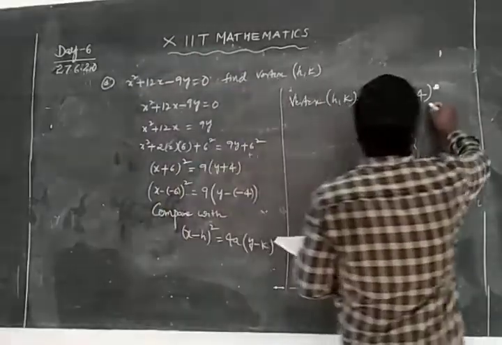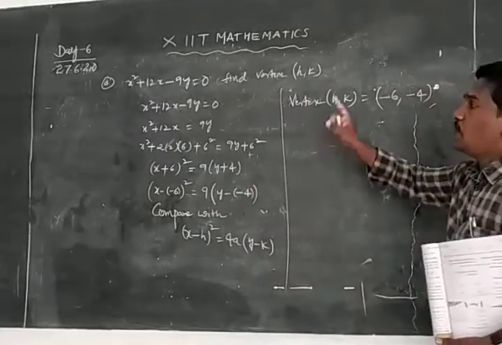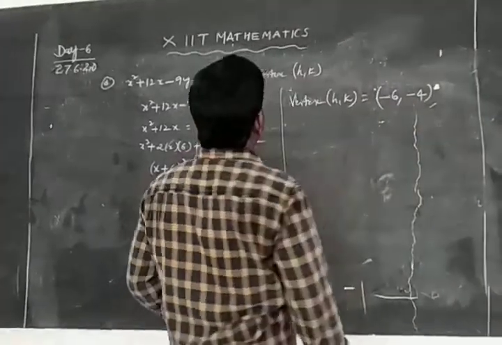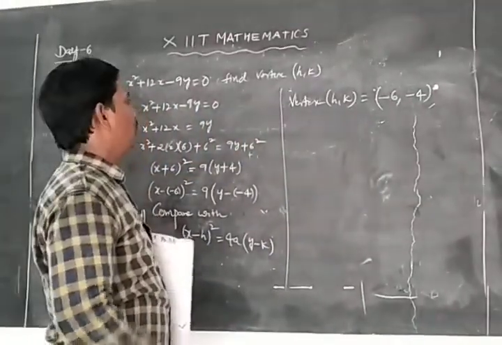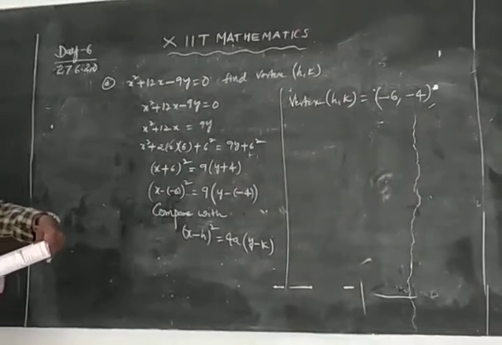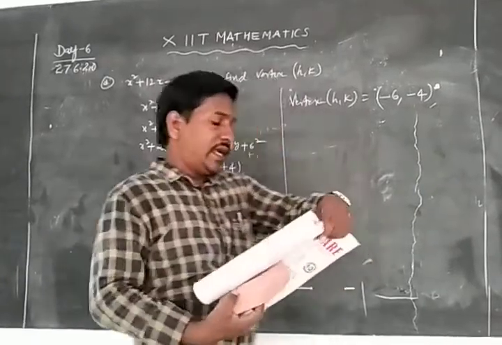So we got the answer. For the parabola x square plus 12x minus 9y equal to 0, the vertex of the parabola h comma k equal to minus 6 comma minus 4. So remaining B and C you have to do and write in notes.